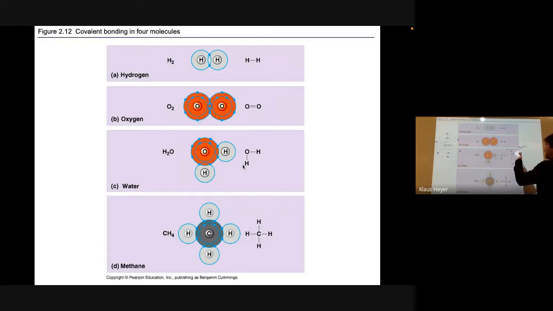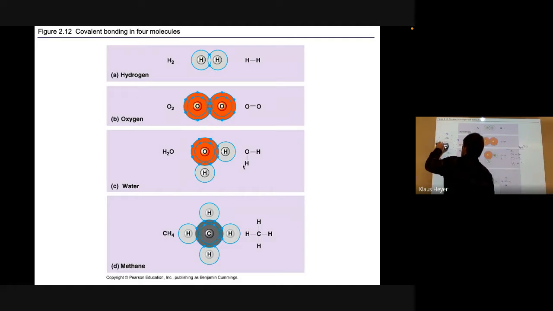Nitrogen can make up to 3 bonds. Because now we have to think, okay, what's the atomic number of nitrogen? I know I keep asking you on purpose. 7 protons, 7 neutrons, 1, 2, 3, 4, 5, 6.